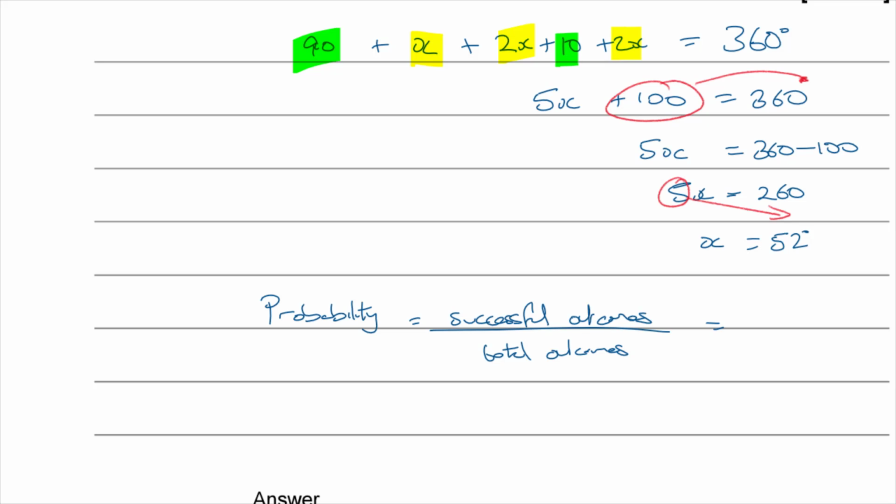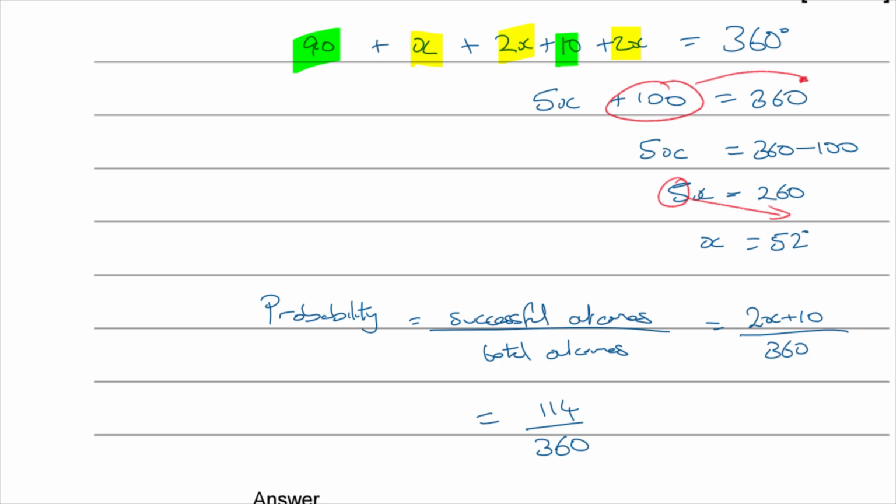So 2x plus 10 over total outcomes is everybody. That's 360 degrees. Remember, these are in degrees at the moment. So I know now that x is 52. So that is going to be equal to 52 times 2 is 104 plus 10 is 114 divided by 360.